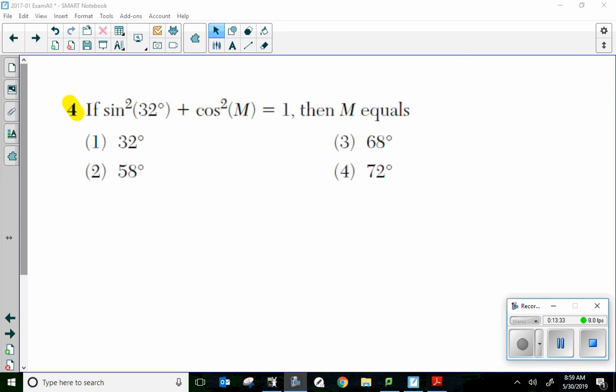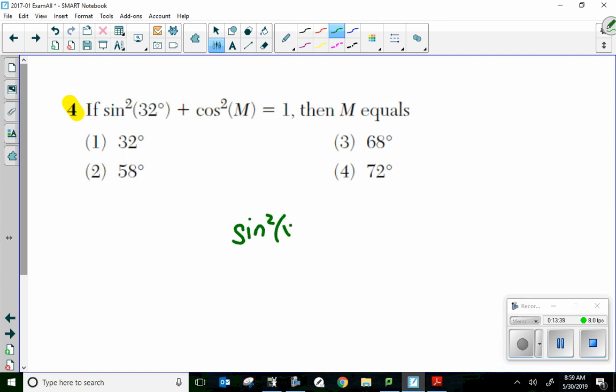It is the trig rule for the Pythagorean theorem. Sine squared of x plus cosine squared of x equals 1. Whatever value this is, if this is the same, you get 1. So if this is 32, this has to be 32.